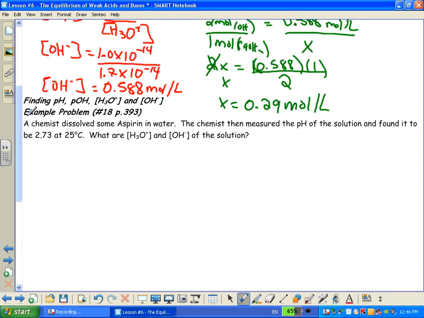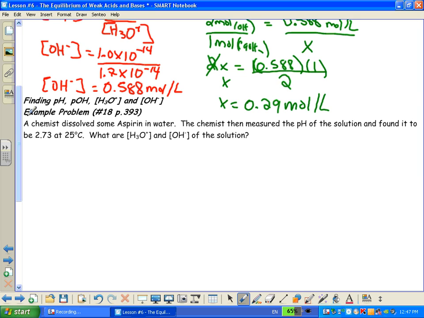So for question 2, this is on page 393, number 18. So the goals, we're going to look at finding the pH, pOH, concentration of hydronium ions, and the concentration of hydroxide ions. So a chemist dissolves some aspirin in water. The chemist then measured the pH of the solution and found it to be 2.73 at 25 degrees Celsius.